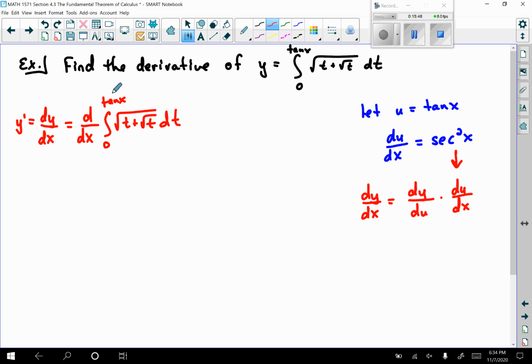So this whole expression here is my y over dx. So to translate this now, this is going to equal dy over du. So here I'm putting d over du. Now my y is the integral from 0 to, in terms of u, tangent x of the square root of t plus radical t dt, times my du over dx, which is secant squared x.